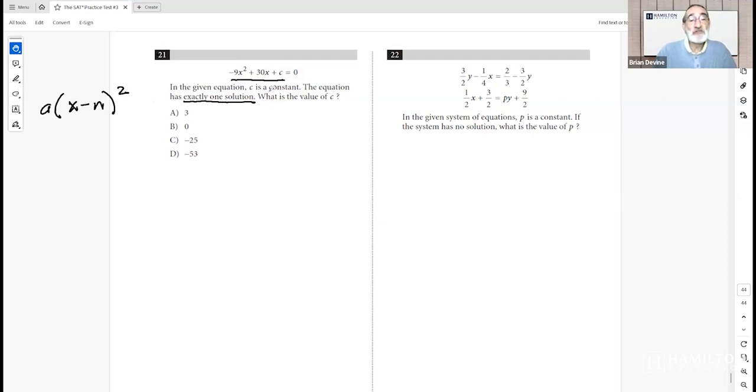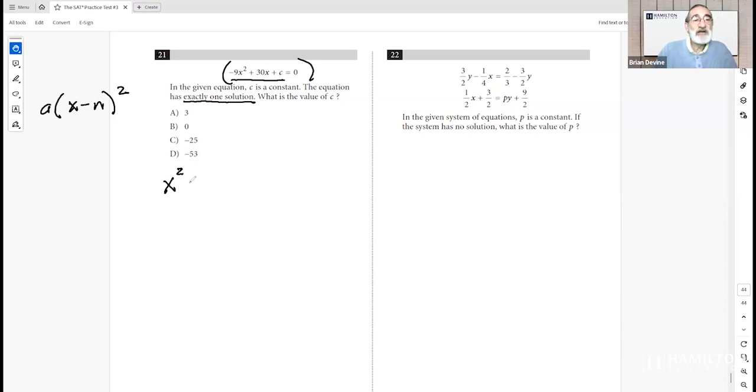perfect square form. So if I take the equation given, well, I can only complete the square if I divide everything in front of the x squared away. I have to divide everything by -9, so I have a 1 as the coefficient of x squared. So if I divide -9x squared by -9, I get x squared.